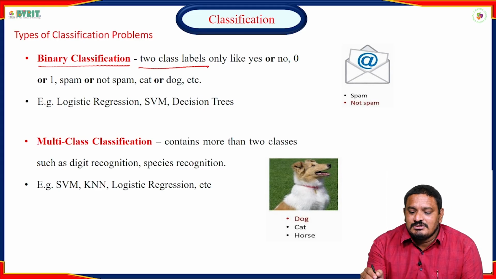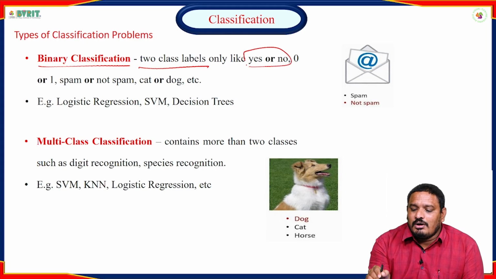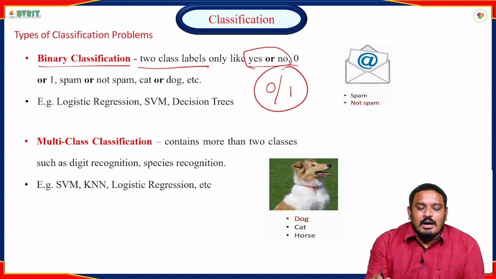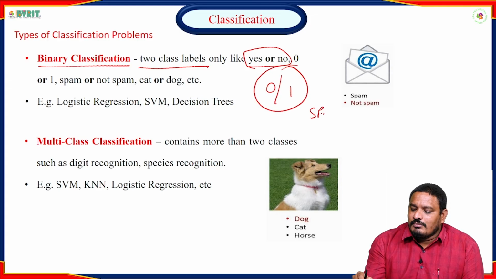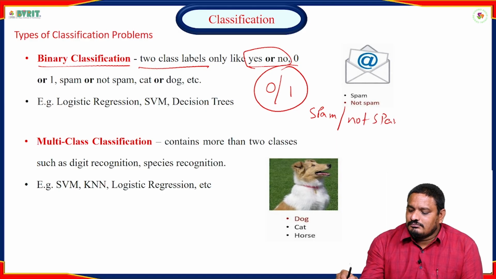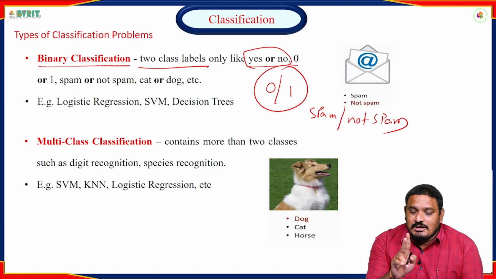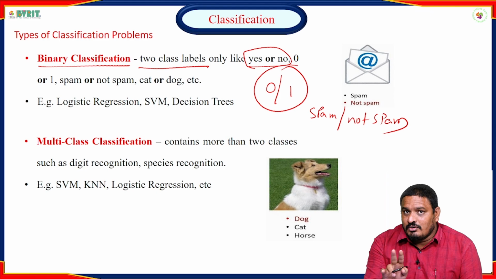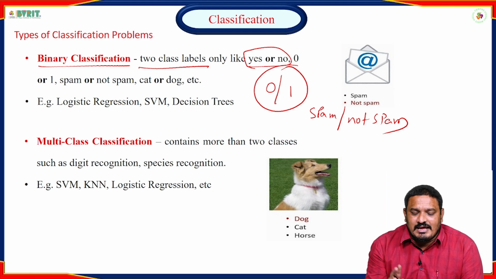The 2 class labels are either yes or no, or 0 or 1, or spam or not spam. We discuss only 2 class labels. That is binary classification.